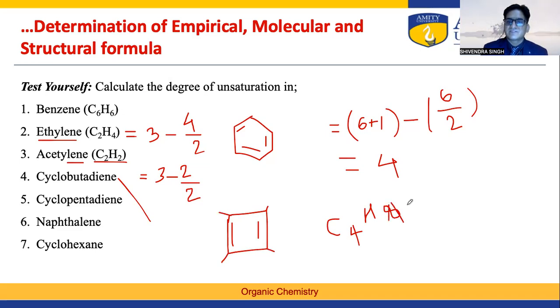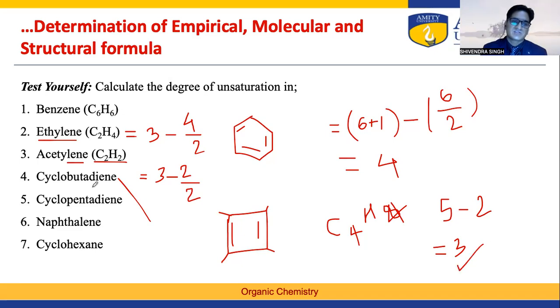For C4H4, if you apply this dB concept, it will be 5 minus 4 by 2, which is 2, so the value is 3. Three means it has one ring and 2 pi bonds. So if we add the number of rings plus the number of double bonds, the value will be 3.